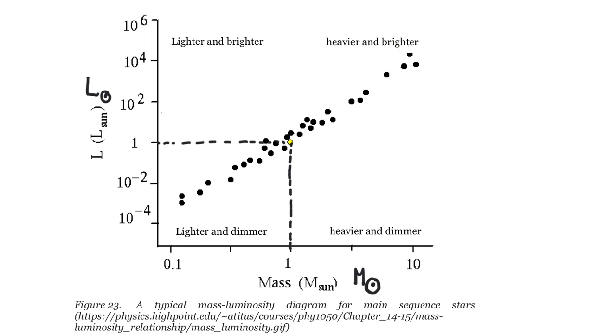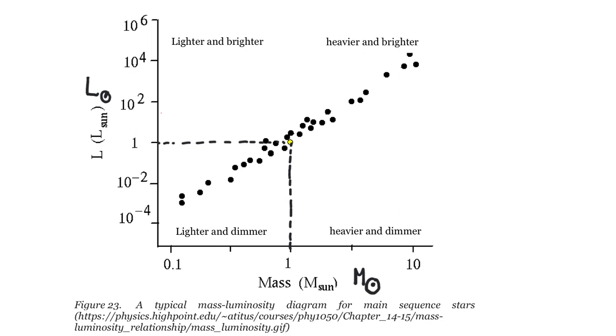But another way to look at it is that there is definitely a pattern here. We see that as the stars get heavier, they also get brighter, because we don't see heavy dim stars here. It's empty. And if you look here, we don't see stars that are lighter and brighter, or certainly none on this graph.